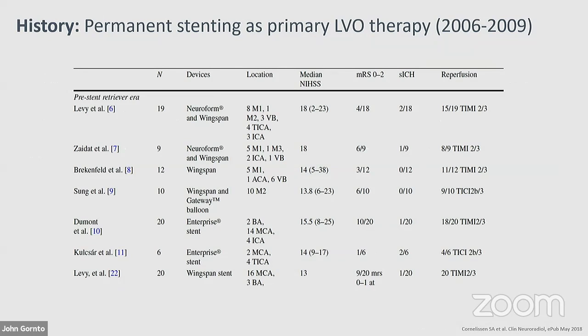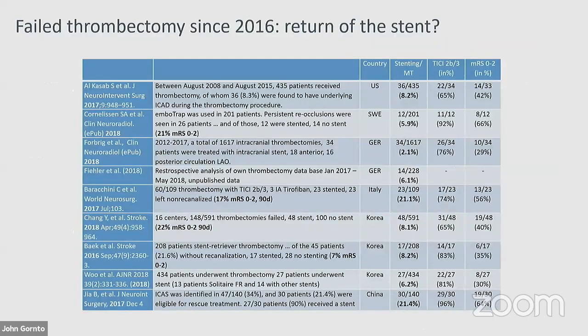So, when stent retrievers came, this technique was abandoned. But during the last few years, we have an increasing amount of papers that discuss permanent stenting again, but only for patients where you have an ICAD as the pathology.